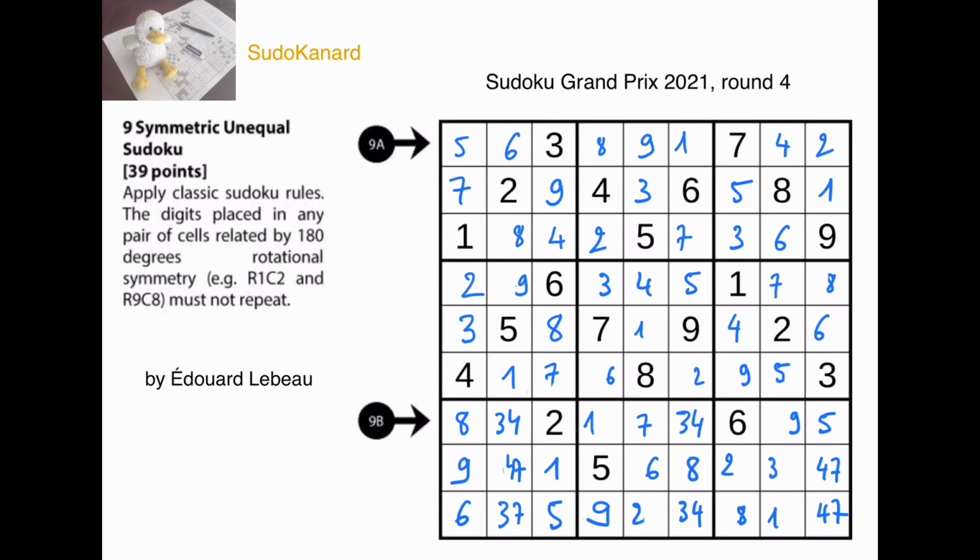And how do we resolve that? Oh, this 7 makes this a 4, that's a 7, that's a 3. And we get the remaining digits, which wraps up the solve of this symmetric unequal Sudoku.